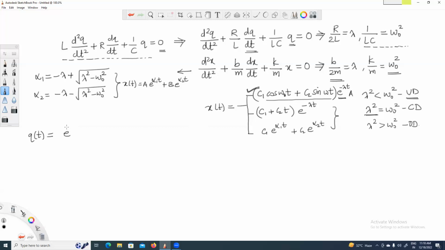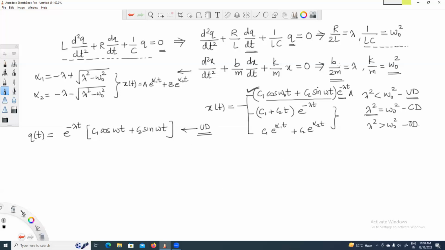e raised to minus lambda t multiplied by C1 cos of omega t plus C2 sine of omega t. So this is the solution, assuming that my system is underdamped, similar to what we got for the mechanical oscillator, right?